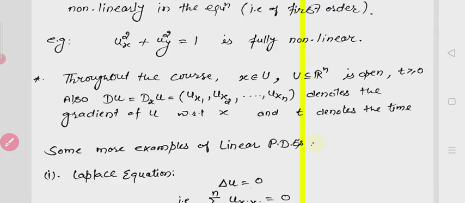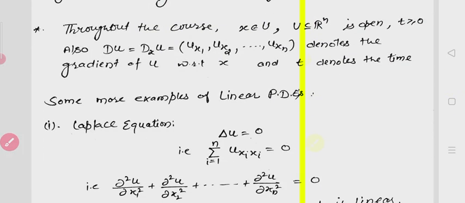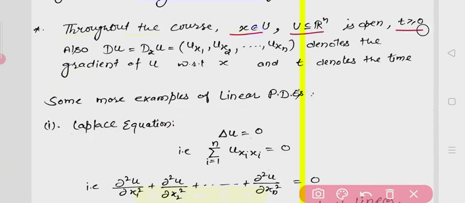Now throughout the chapter or throughout the course we denote these notations. For x belongs to U, U is a subset of Rn which is open and t is greater than equal to 0.